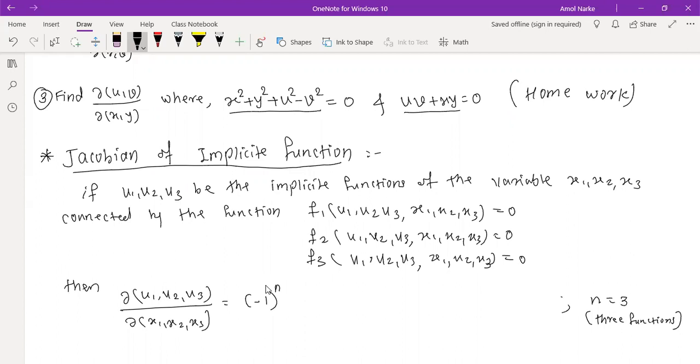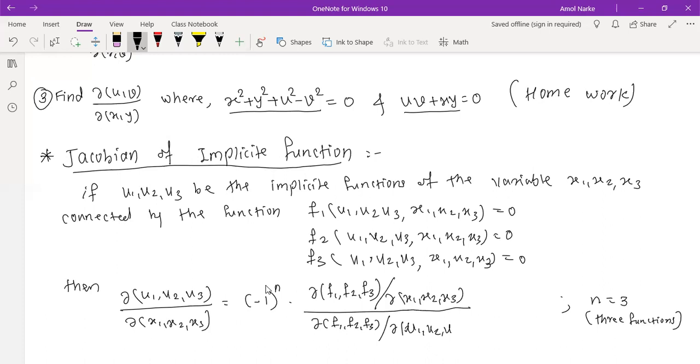Here we have 3 functions, therefore n is equal to 3. Into the Jacobian of f1, f2, f3 with respect to x1, x2, x3 in the denominator, whole divided by the Jacobian of f1, f2, f3 with respect to u1, u2, u3 in the numerator. This is the formula we have.